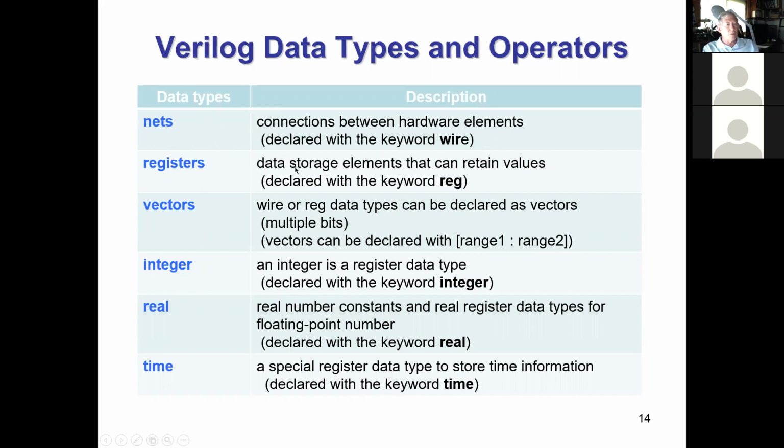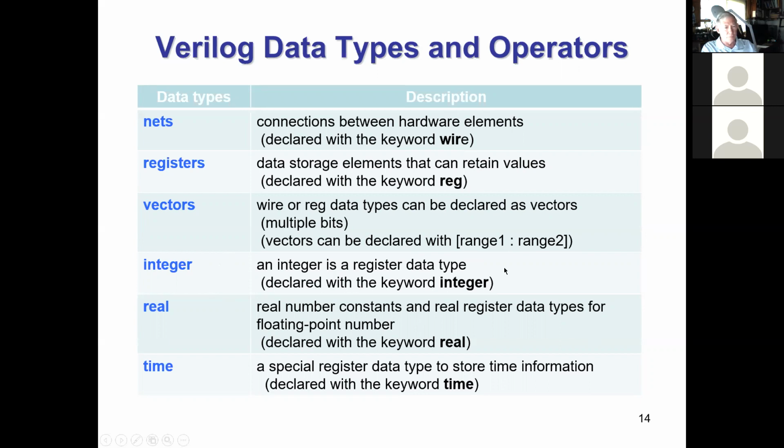Besides a register data type and a wire data type, we also have integer data types. If you're going to do anything besides addition and subtraction, you have to declare it as an integer. And I don't even know, maybe you can't even do subtract. Yeah, I guess you can do subtraction with nets and registers, but you can't do multiplication.